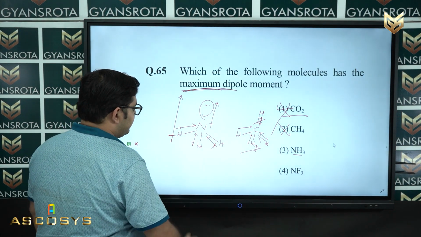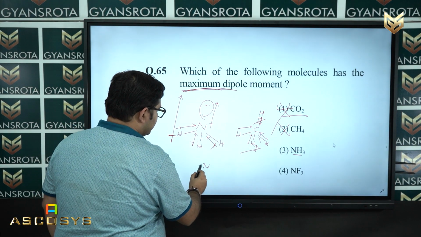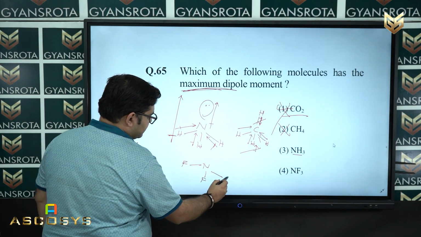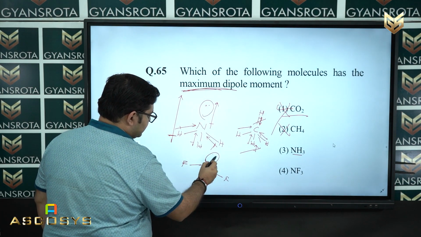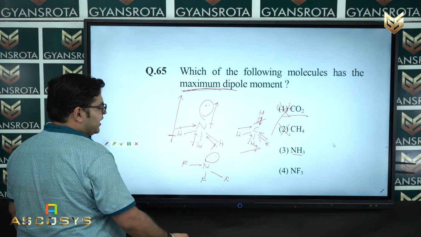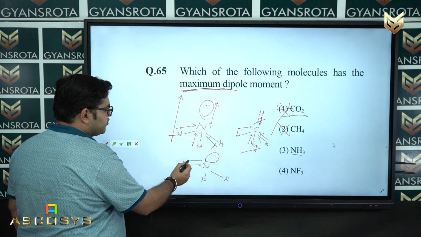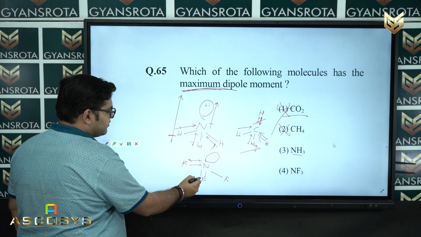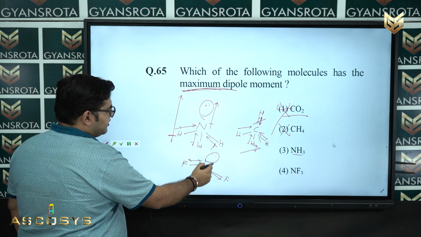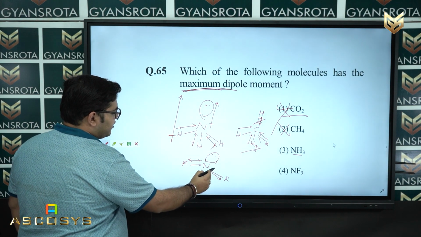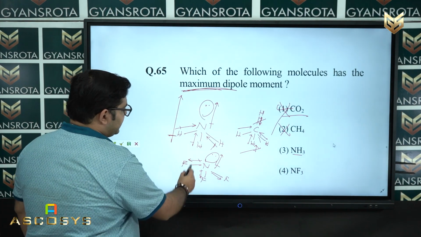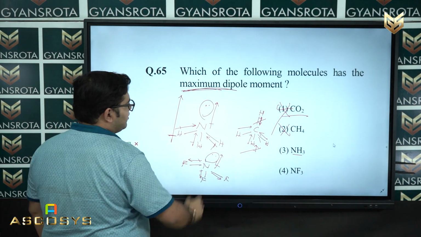Now, for NF3, this is your NF3. Now, we know fluorine will be more electronegative. So, here the arrow should look like this, and for lone pairs we have to write the arrow in this manner. Now, if you see here, 3 will be there, on this side 1 will be there.